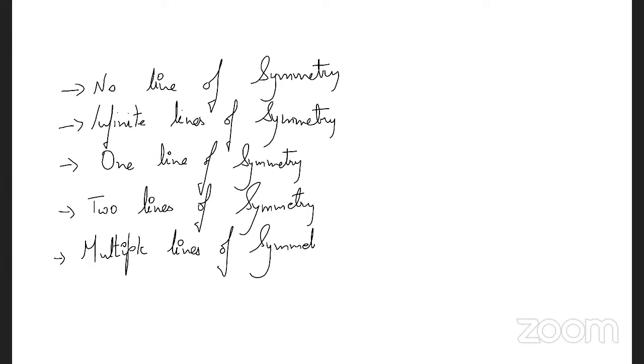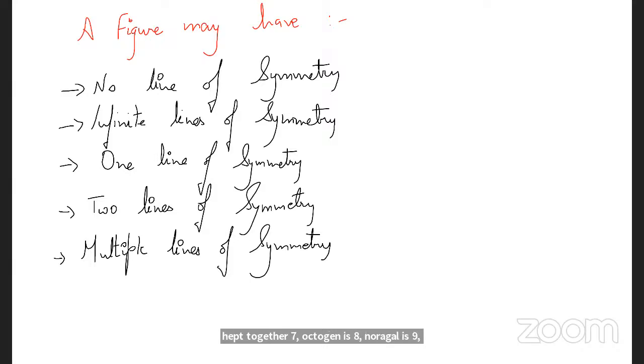You can write this down. Rectangle has 2, square has 4, triangle has 3, pentagon has 5, hexagon has 6, heptagon has 7, octagon is 8, nonagon is 9, decagon is 10. Yes, that is correct.